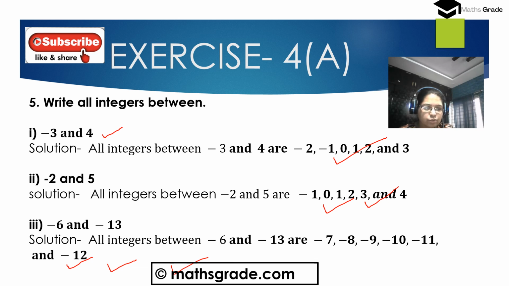After -12 it will be -13. So all integers between -6 and -13 are -7, -8, -9, -10, -11 and -12.